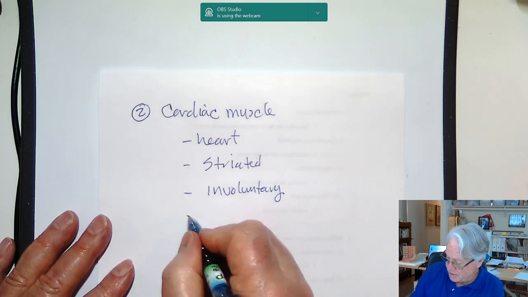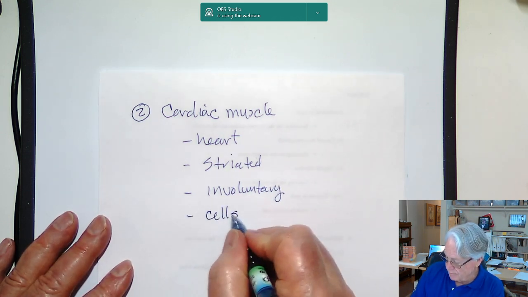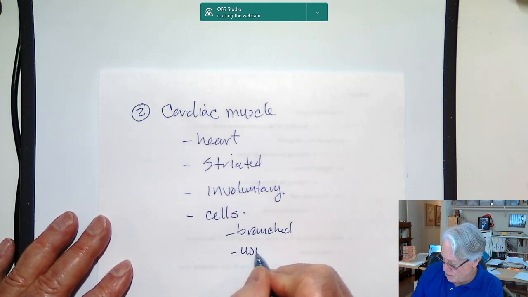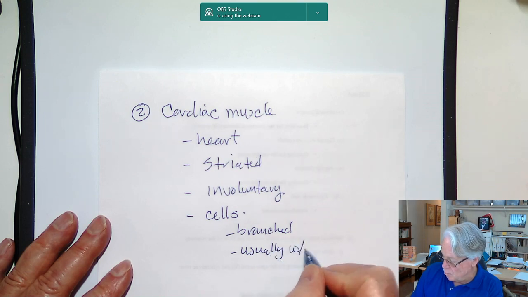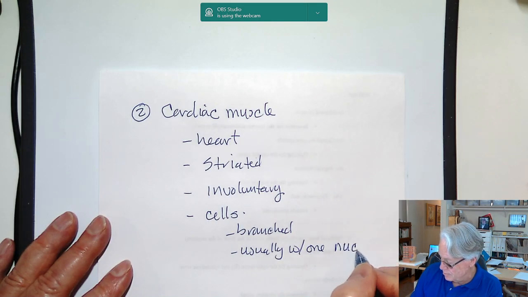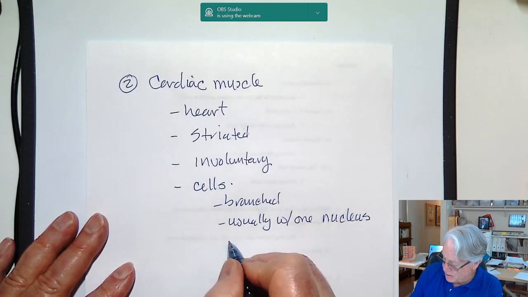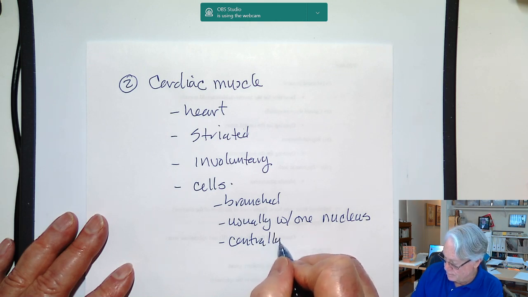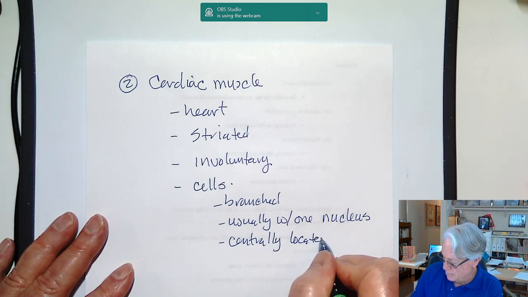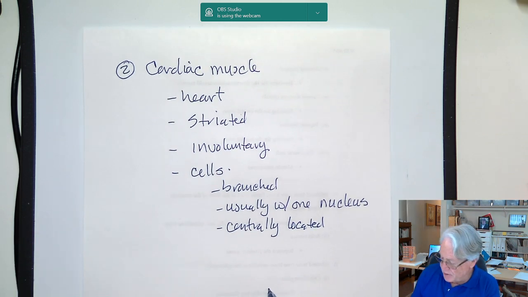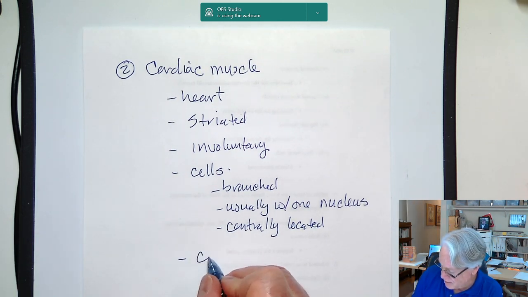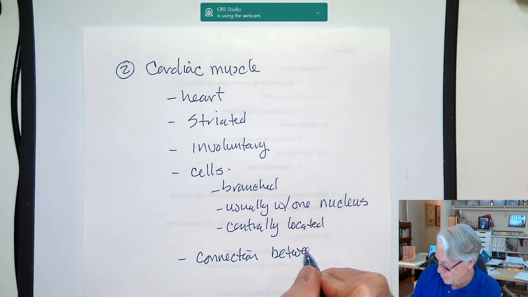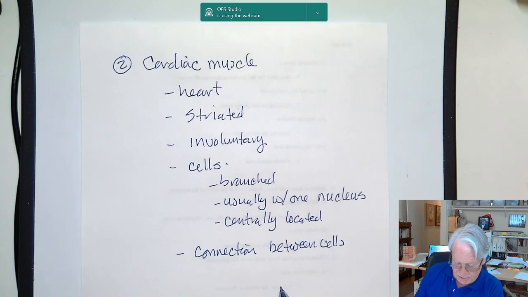The cells are branched, usually with one nucleus, which is centrally located. And the cells are connected by what is called the intercalated disc.